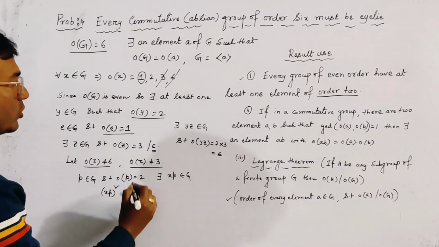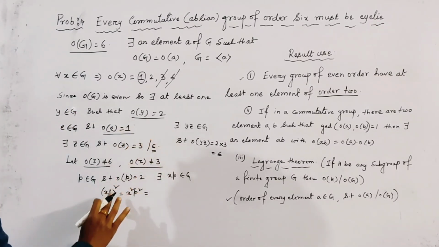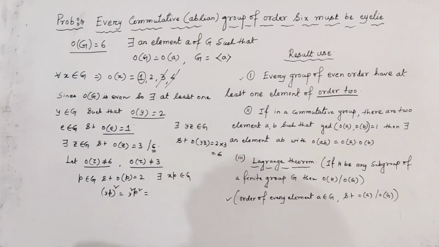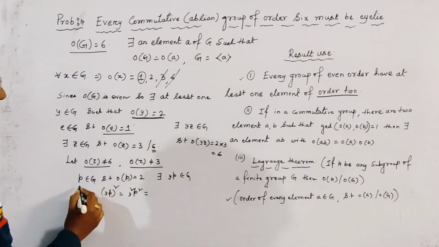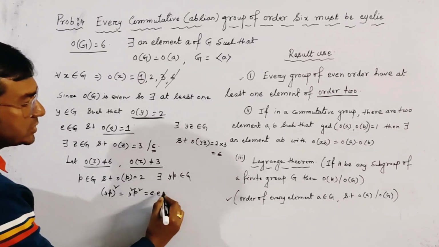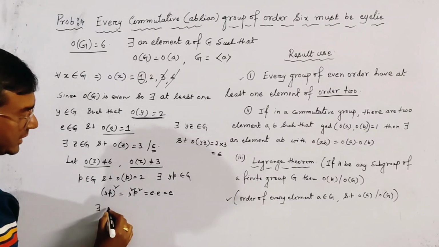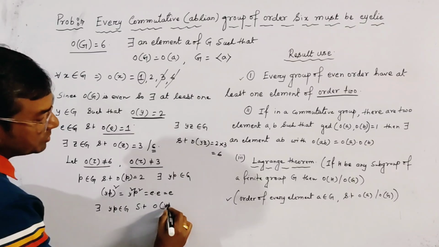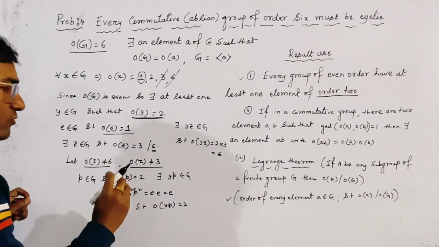We let Y be an element of order 2 and P an element of order 2, so Y square is equal to E and P square is equal to E, so we get E. So there exists YP belonging to G such that the order of YP is equal to 2 also.